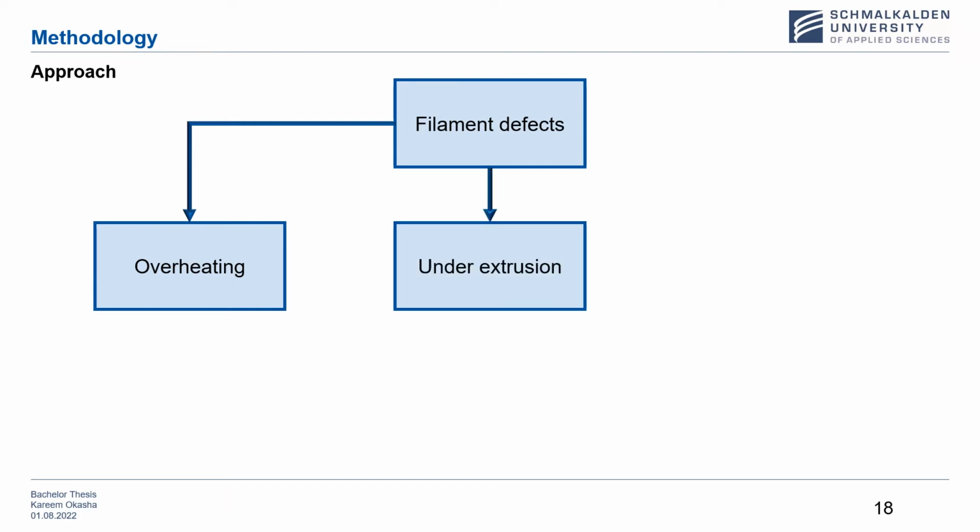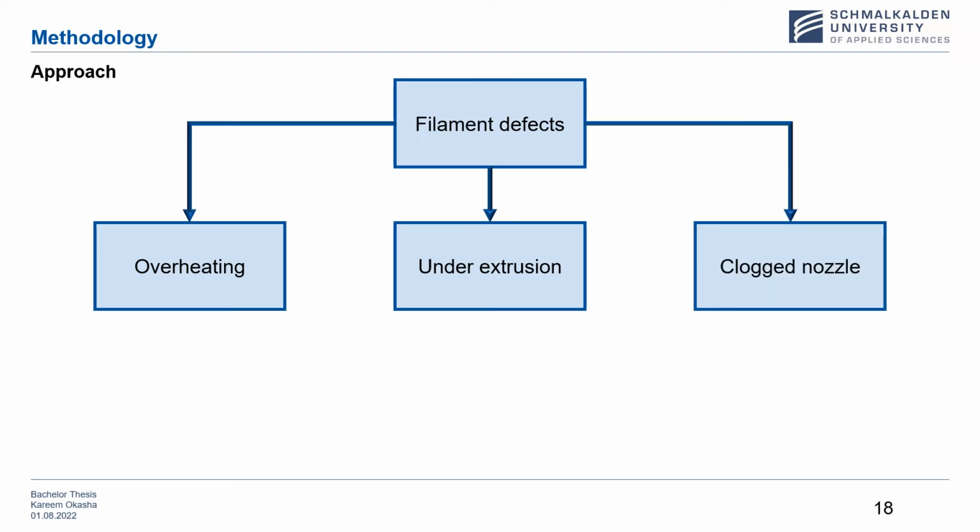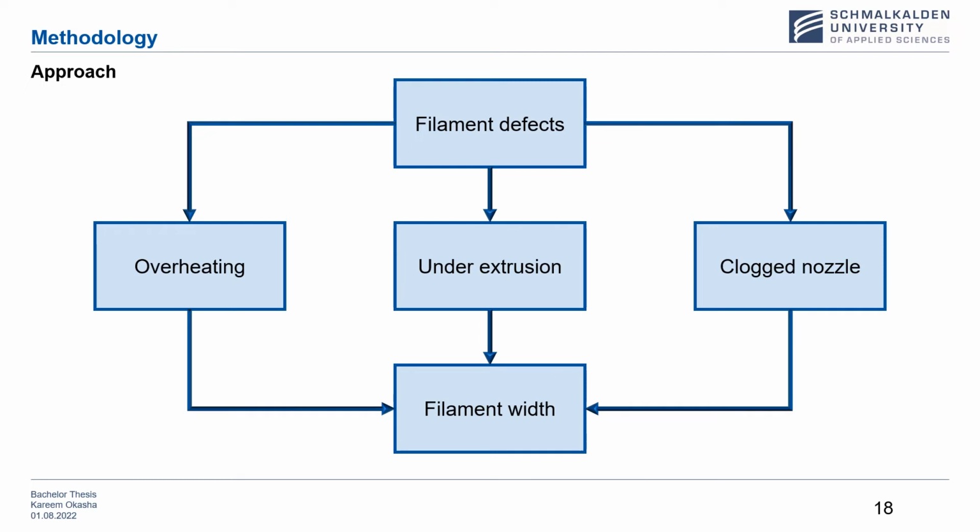The second defect is under extrusion, where the printer lays little filament on the printed board. And the last one is clogged nozzle, where the nozzle itself is clogged and there is no filament laid at all. What's common between the three defects is that they all can be detected through the filament width.